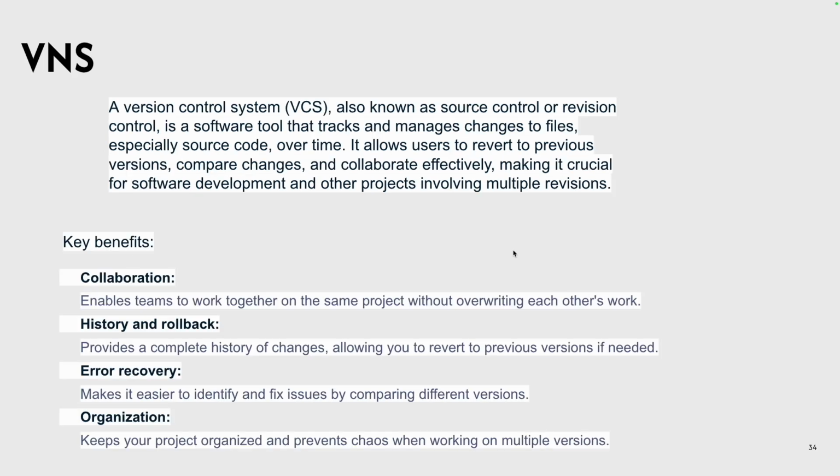So, what is a version control system? A version control system, also known as source control or revision control, is a software tool that tracks and manages changes to files, especially source code. Over time, it allows users to revert to previous versions, compare changes, and collaborate effectively, making it crucial for software development and other projects involving multiple revisions.